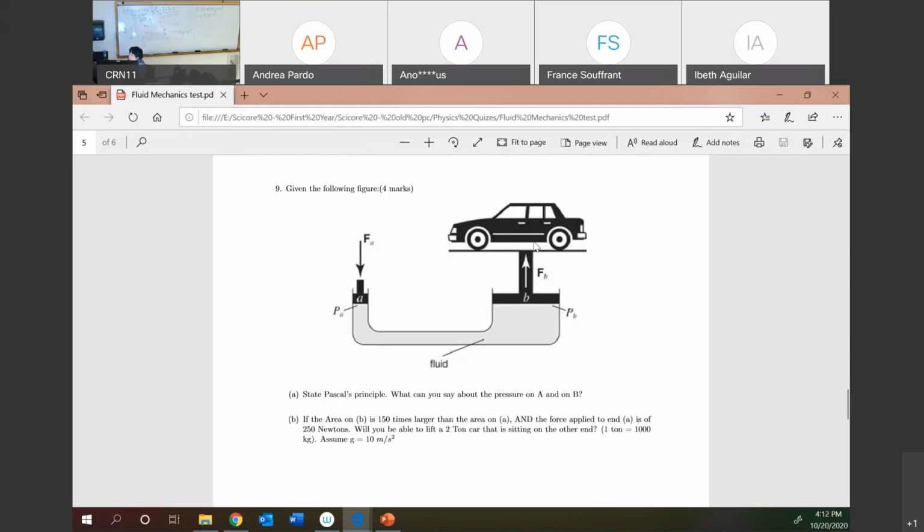How come? By just exerting a little bit of force, you are making this big truck stop because of Pascal principle.